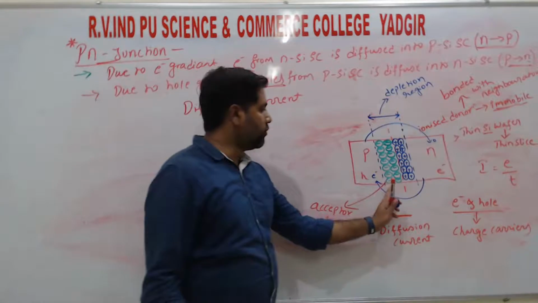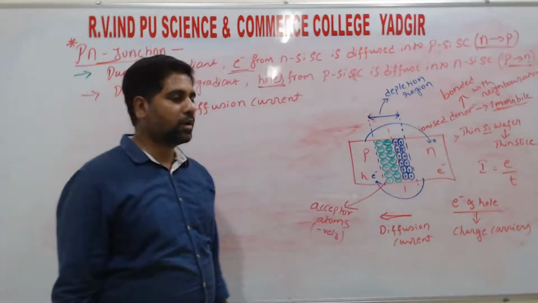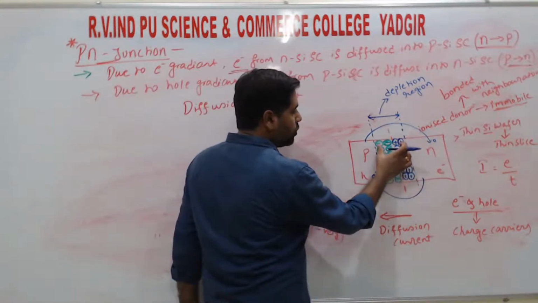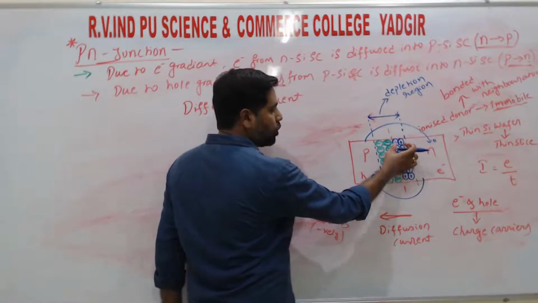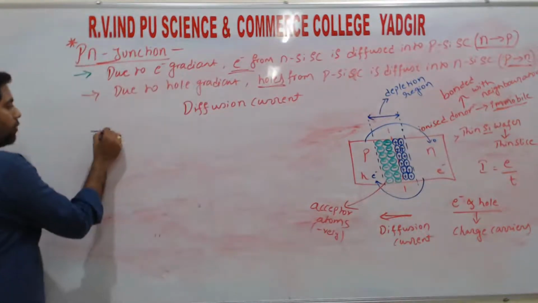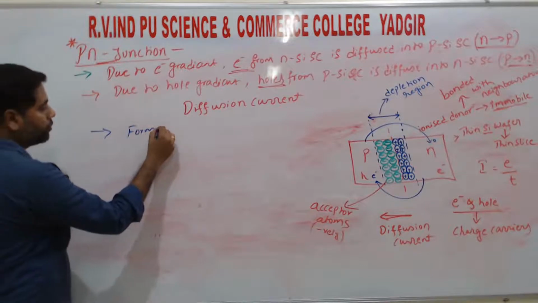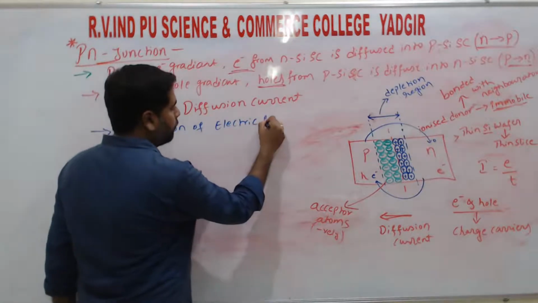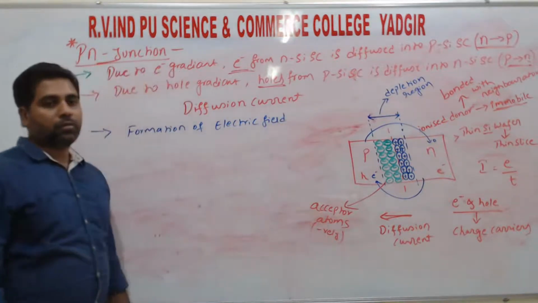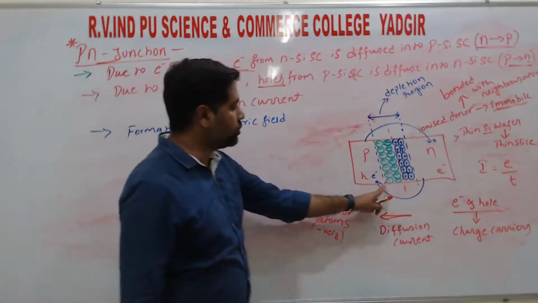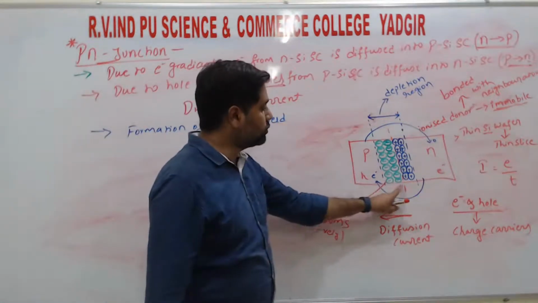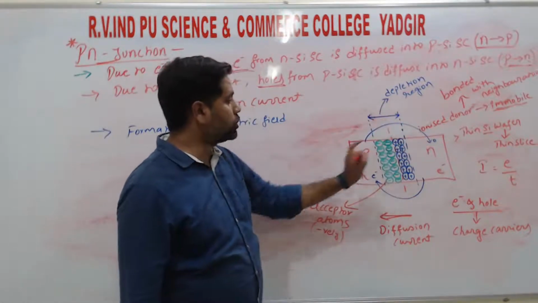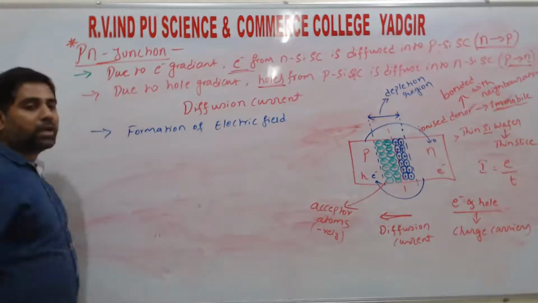As in this region both negatively charged and positively charged atoms are formed, there is a formation of an electric field. Due to the negatively and positively charged atoms formed here in the depletion region, there is a formation of the electric field.